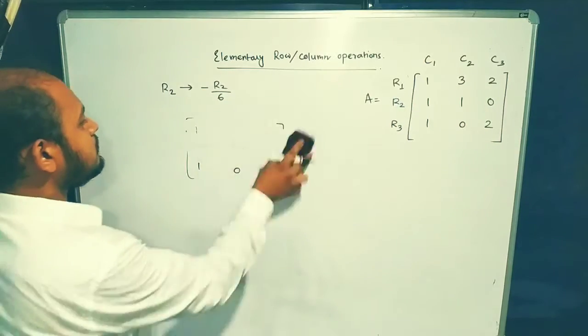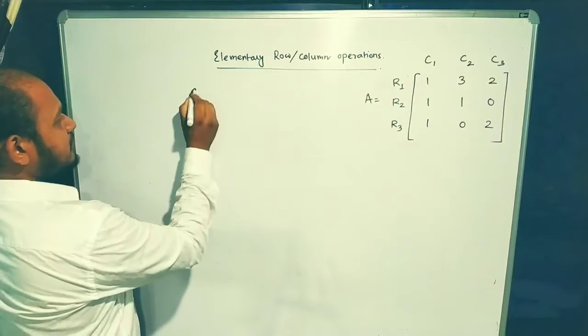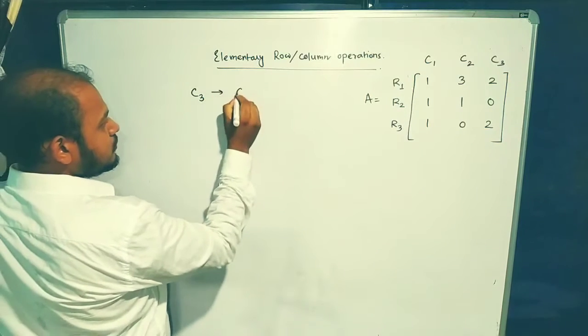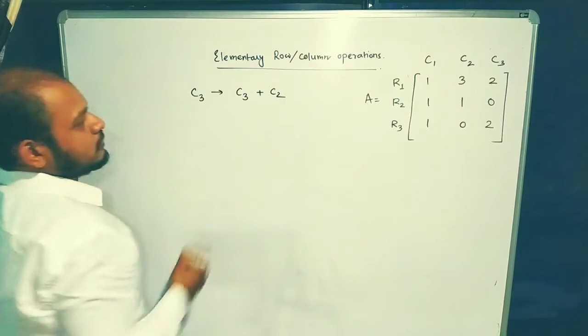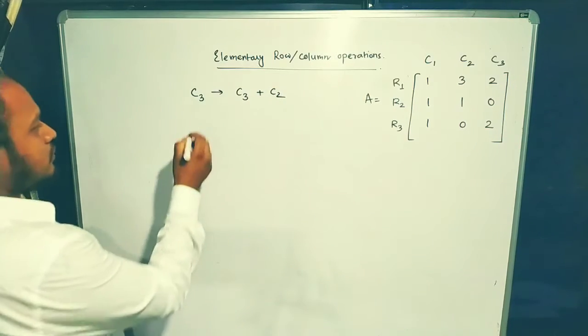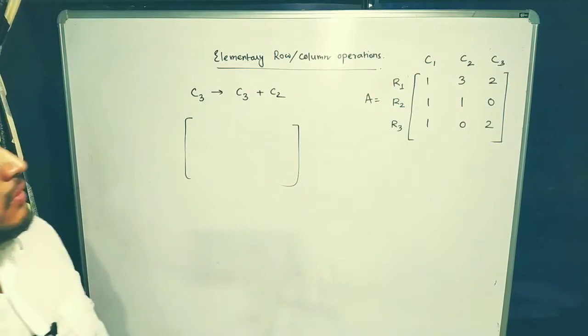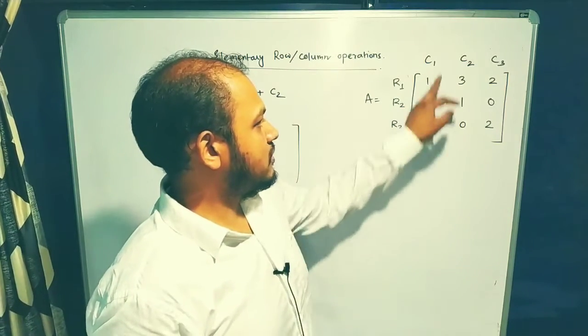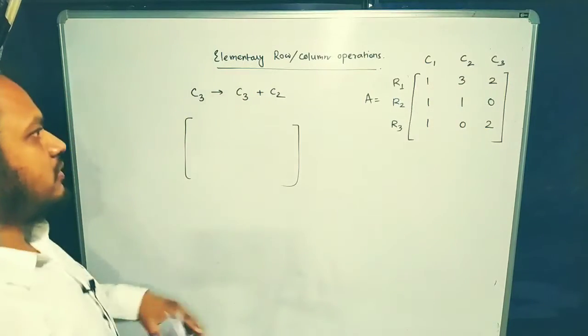Okay, let us say another example. Say we have C3 changing to C3 plus C2, for example. So we are seeing here that C1 and C2 remain the same. So C1, this is the first column, and C2 is the second column. These two columns remain the same here.